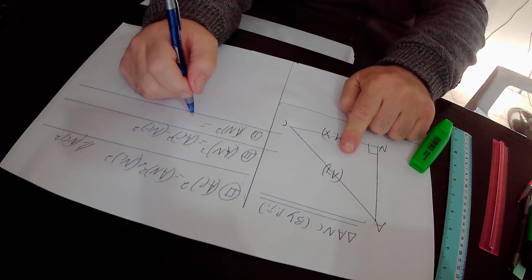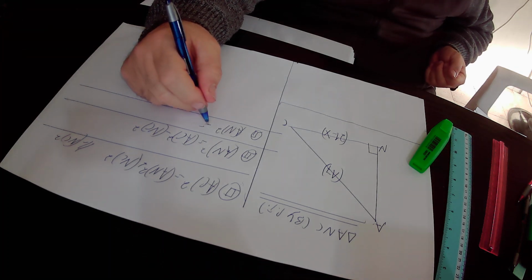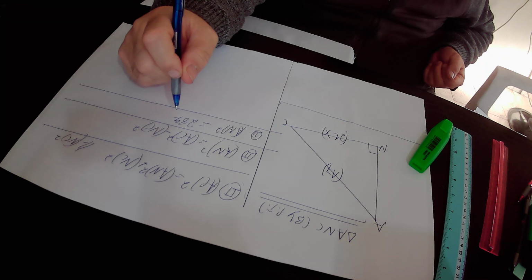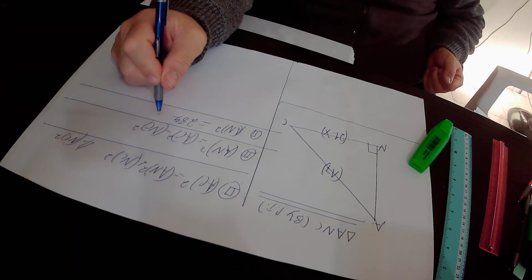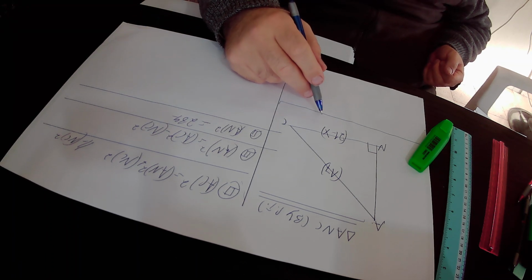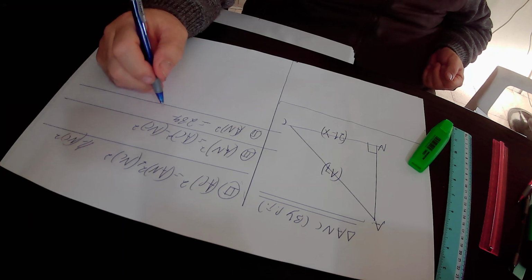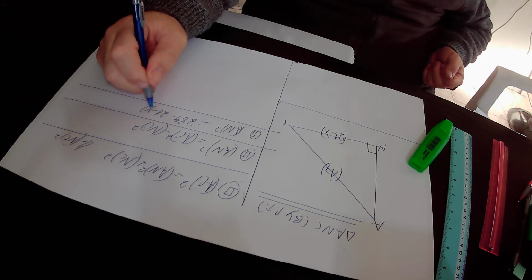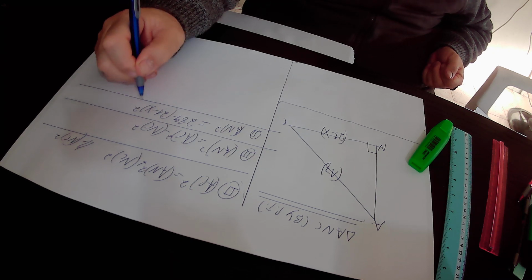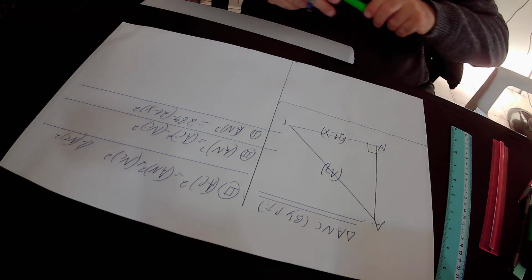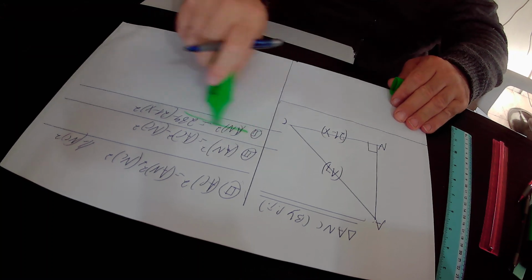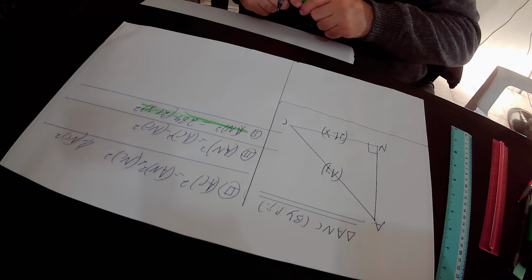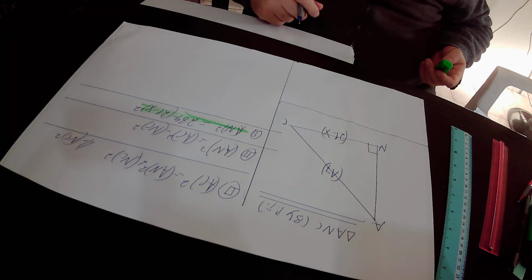AC is 17, therefore AC square is 17 square, that is 289, minus NC square. NC is 21 minus x, therefore NC square is (21 minus x) square. So according to equation 2, AN square equals 289 minus (21 minus x) square.